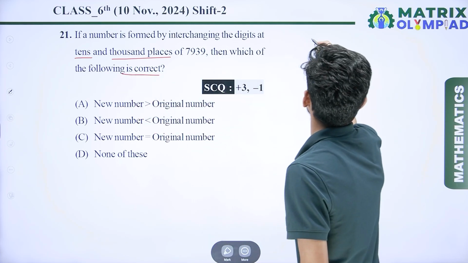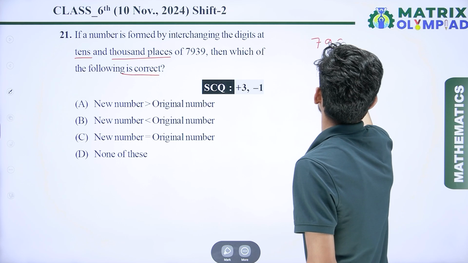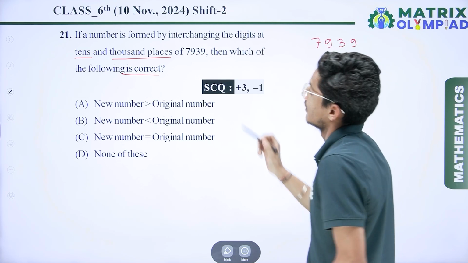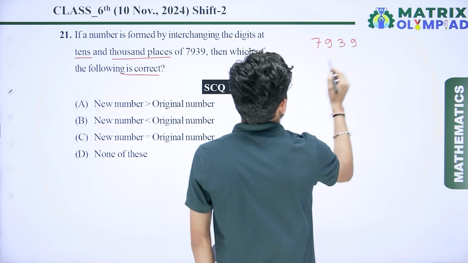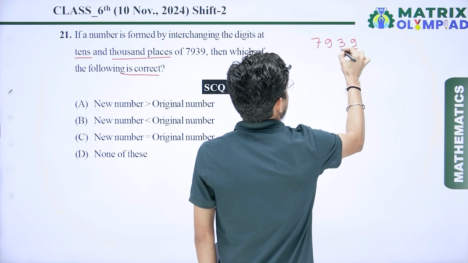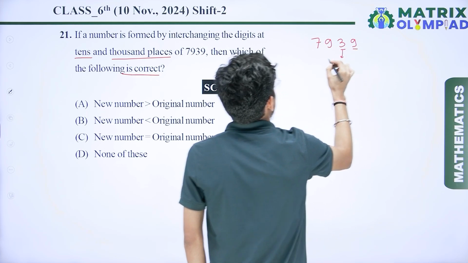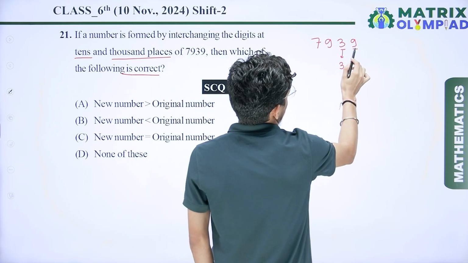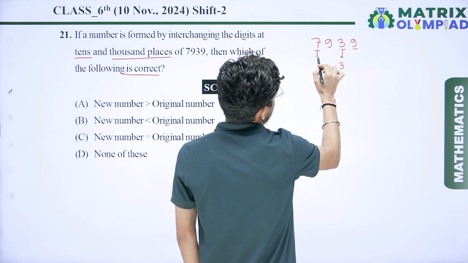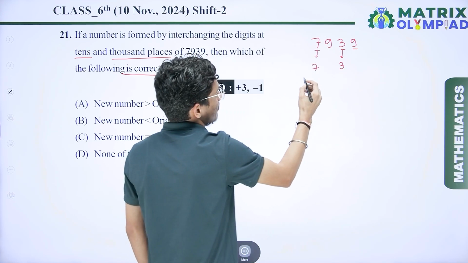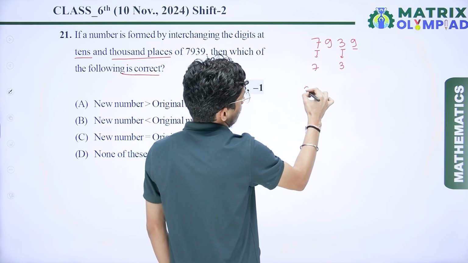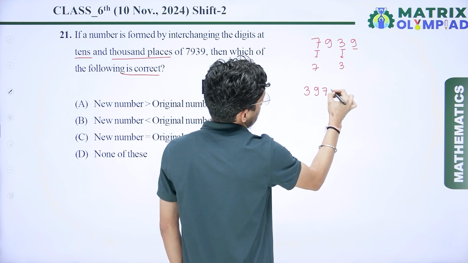So here we have the number 7939, and the tens place number is 3, and the thousands place number is 7. If I interchange these numbers, the new number is 3979.